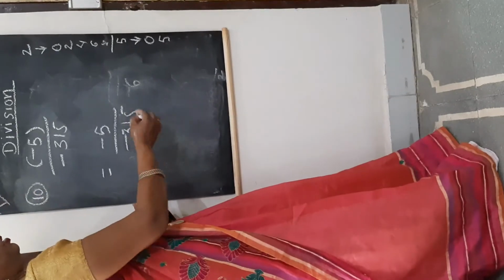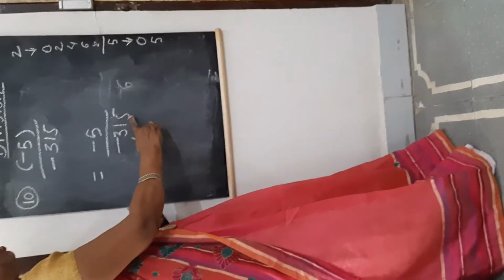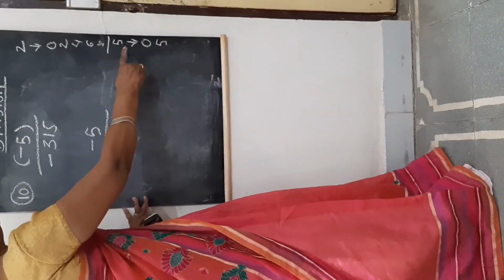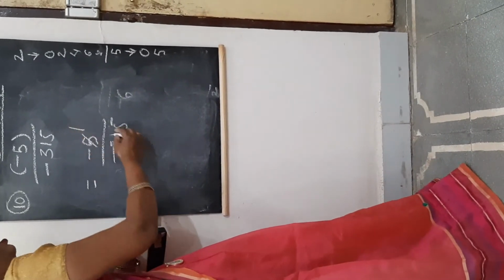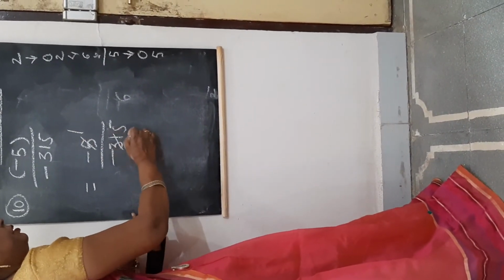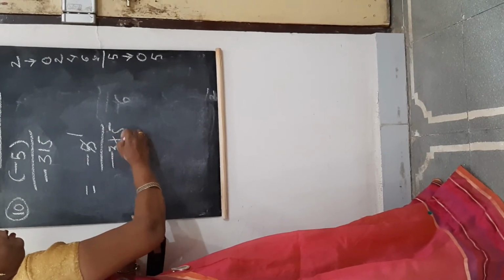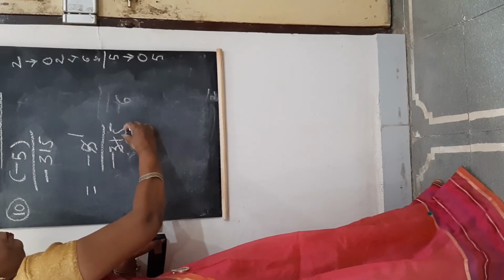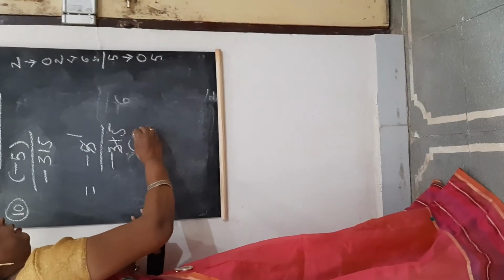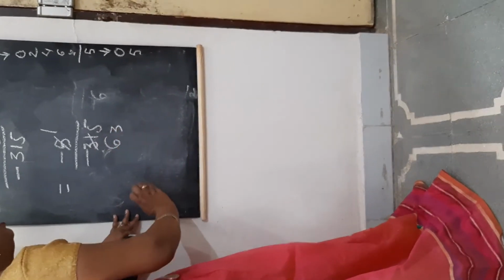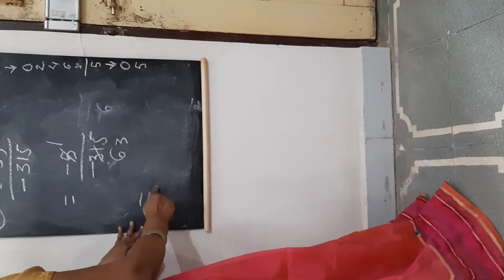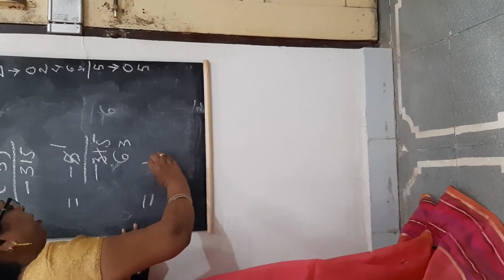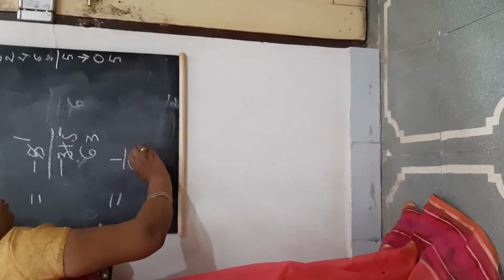See here, at the unit place of this number is digit 5, so it is divisible by 5 according to this test. So 5 ones are 5, 5 sixes are 30, 31 minus 30 remains 1, so the number 15 is there. So 5 threes are 15. Here as both numbers are negative, the answer of your division is positive, 1 upon 63.